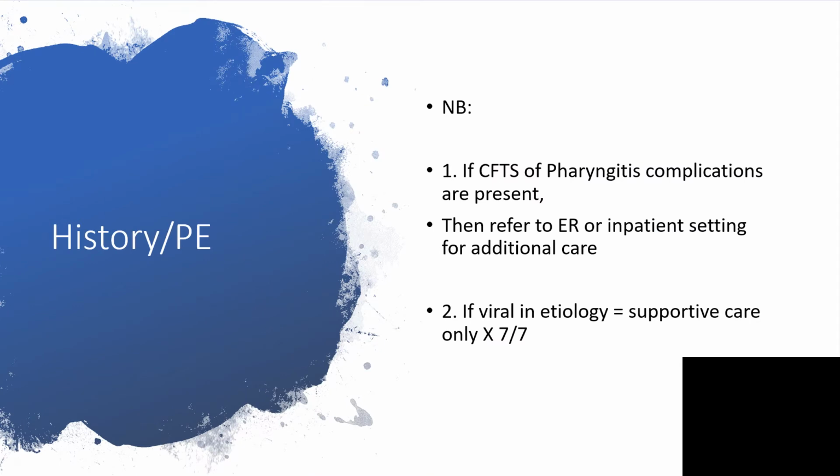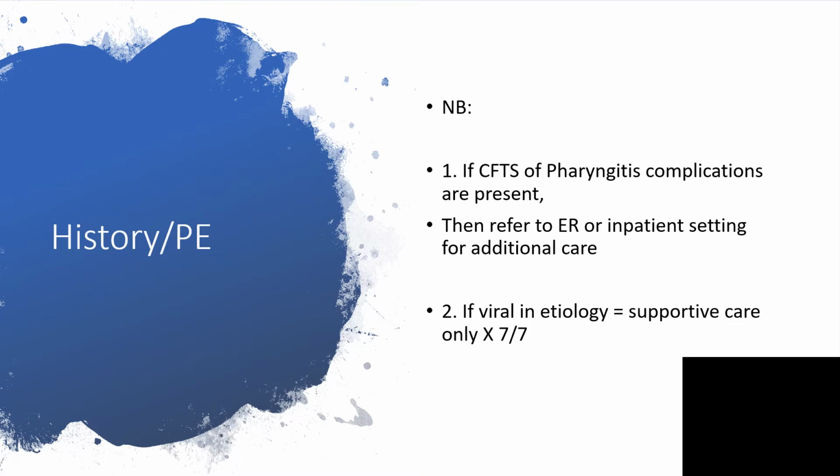To start with, first things first, history and physical examination. If the clinical features of pharyngitis complications are present, you can check my first video on sore throat or pharyngitis, where I've stated all the possible complications.